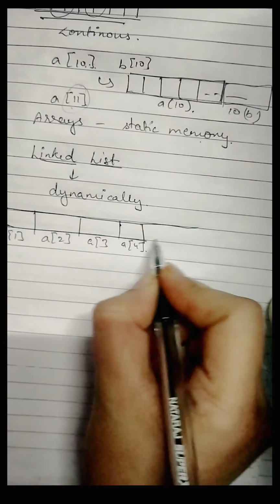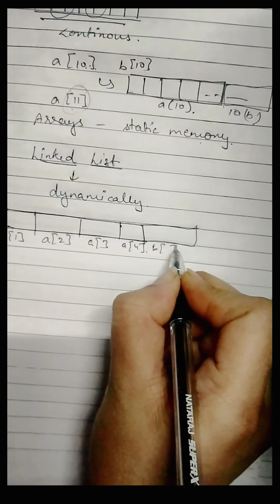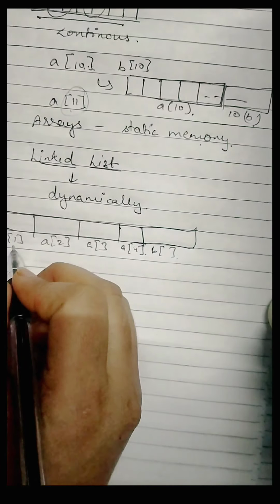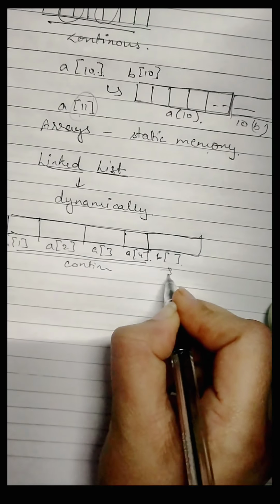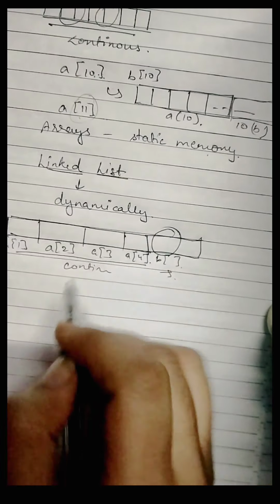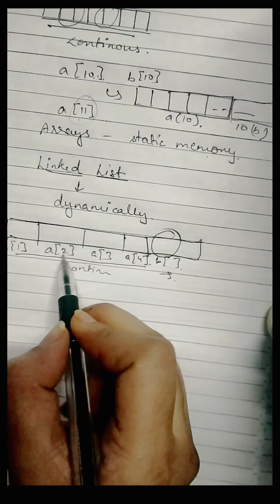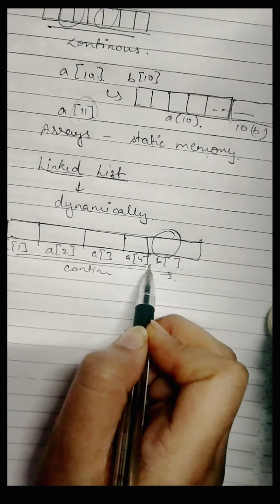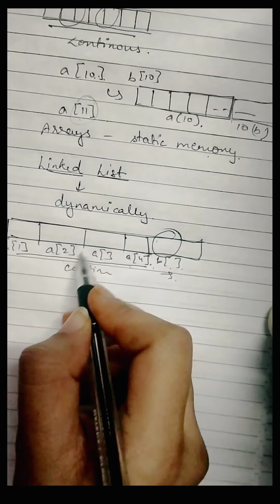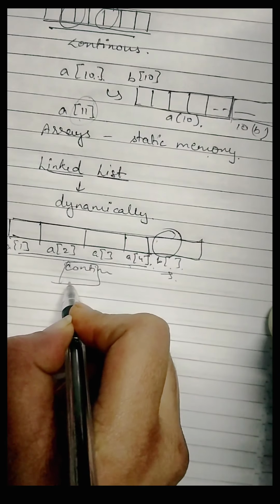Now after this I have b. A[1], 2, 3, 4 is continuous, then starts your b. I cannot access any element in between. For example, if I want array A having a 5th element, that cannot be inserted because that memory has been given to B.